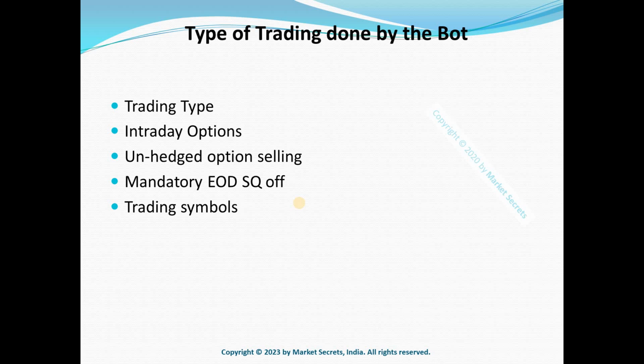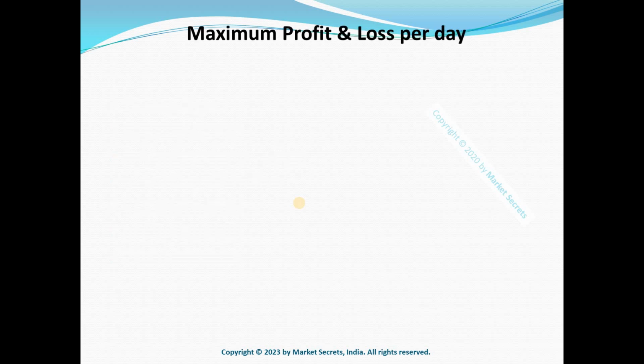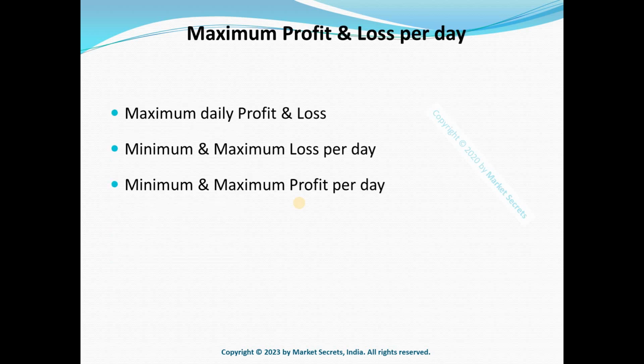So this is the type of trading that we do, and the trading symbols are Nifty and Bank Nifty, and any number of lots we can trade, and we just take one trade per day. The average profit or loss that we get on a day is 1%, 1% profit or 1% loss. In the worst case, it might go to 2%. So 2% profit or 2% loss is the maximum we can expect on a day-to-day basis.